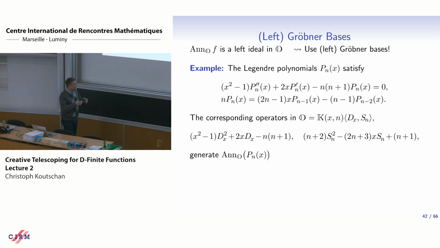And this is something that is maybe a bit surprising if you are not familiar with this non-commutative setting, because if you think of these two polynomials as commutative polynomials, well, then you have one polynomial whose leading monomial is d square, and here the leading monomial is s square, and then usually the product criterion would tell you that this is already a Gröbner basis. However, in this non-commutative setting, this is not the case.